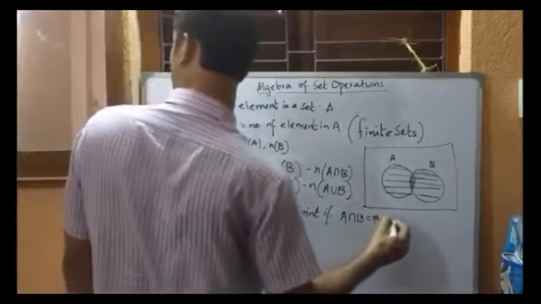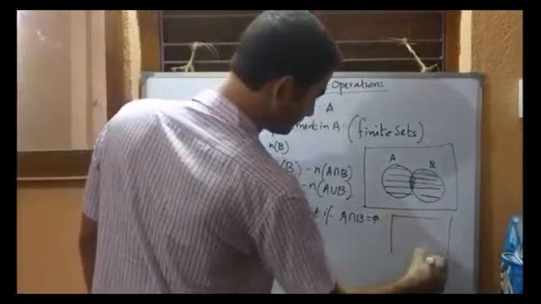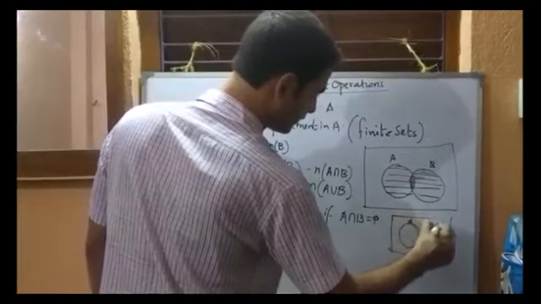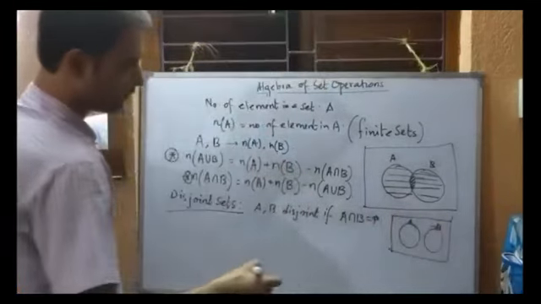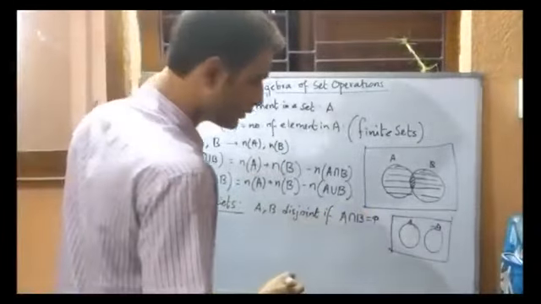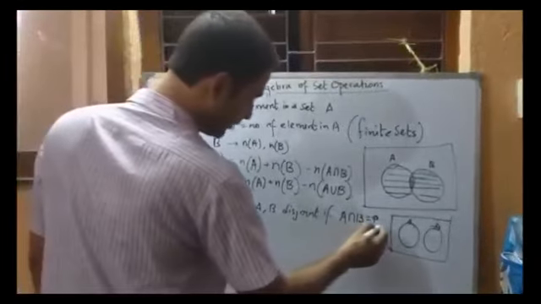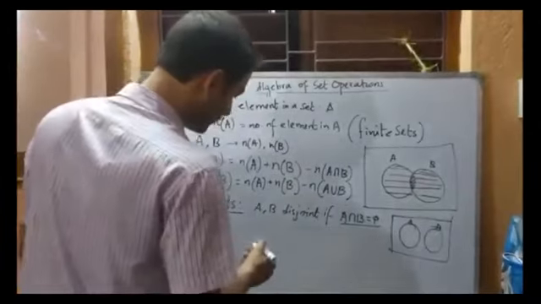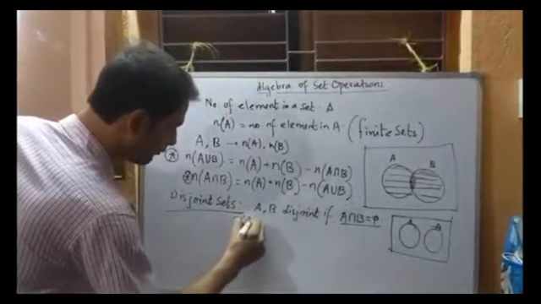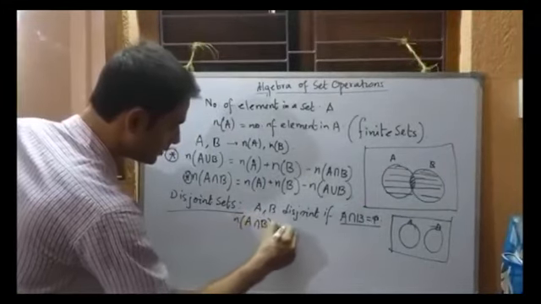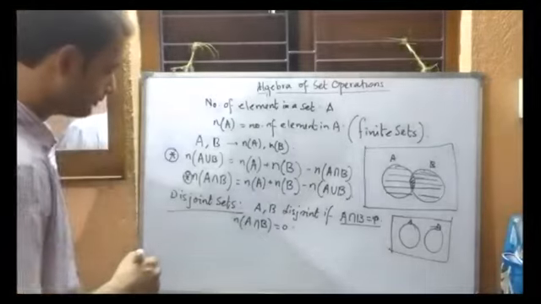That means they look like this. This is A and this is B. So if the sets A and B look like this, we say that these two sets are disjoint, and it will be represented by the intersection being the empty set. That means in this case, n of A intersection B will be 0.